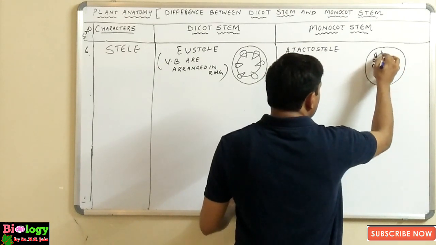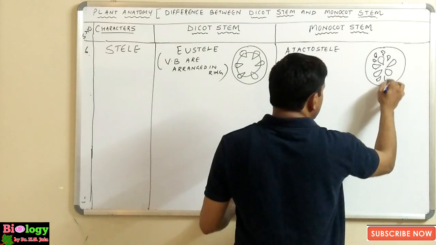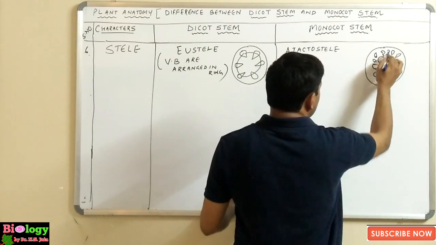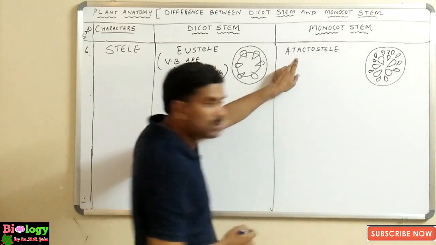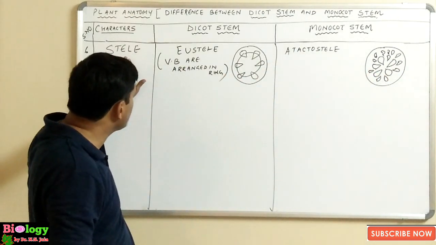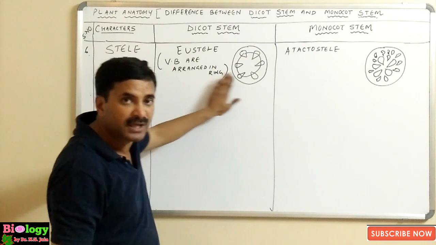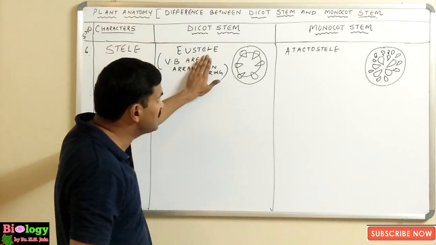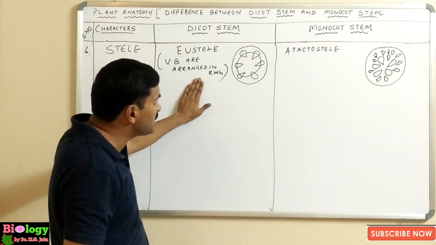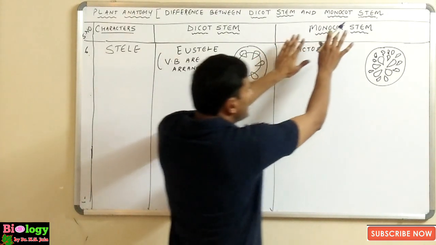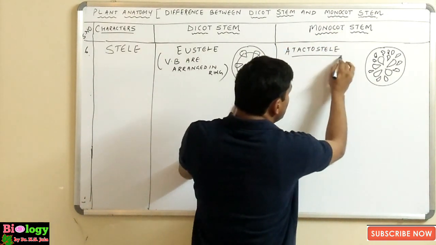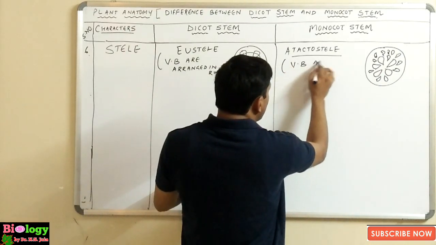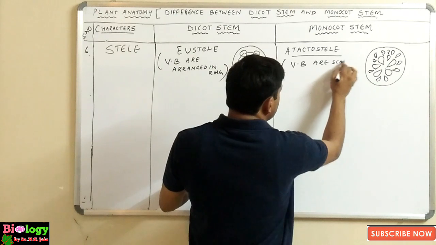So what is the difference between the stele in the dicot and the monocot stem? In dicot stem the stele is eustele type, in which the vascular bundles are present in a ring, while in the monocot stem the stele type is atactostele, means vascular bundles are scattered.